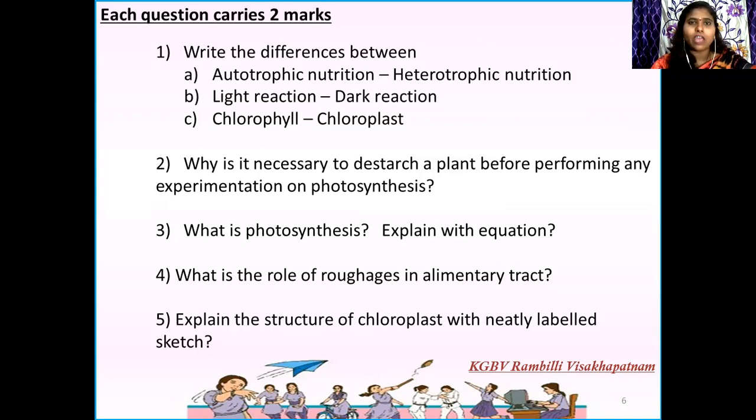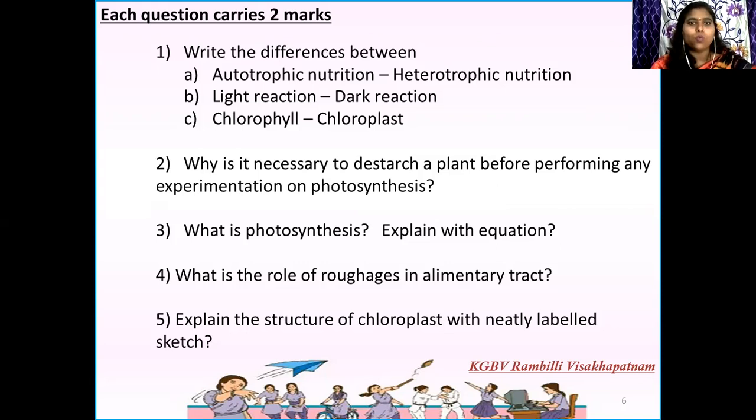Both reactions have their end products, and we can mention them, and then what reactions go on in those phases, the importance of light, and the independence from light in the dark reaction. We can mention all those points. That is enough. And next, chlorophyll and chloroplast: chlorophyll is a pigment, chloroplast is a cell organelle.